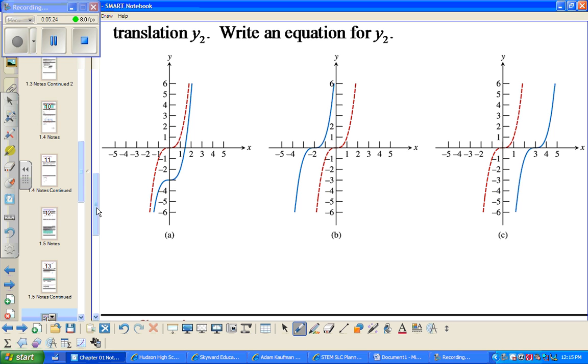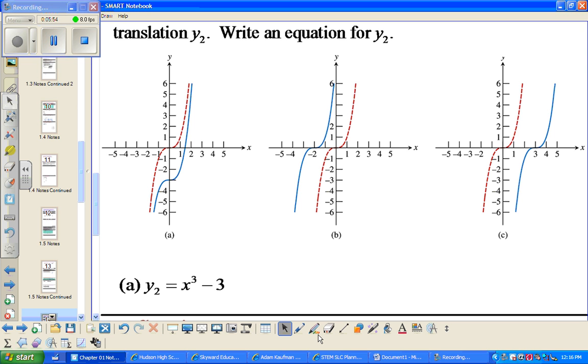In example A, you should realize the graph has been shifted down 3 units. Write the equation for that graph. If you wrote y equals x cubed minus 3, you're correct.